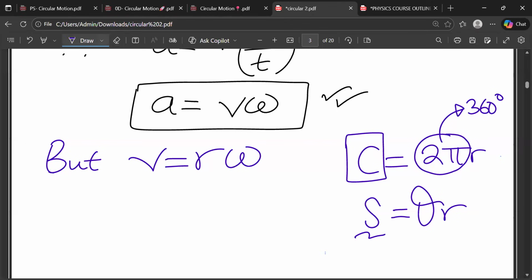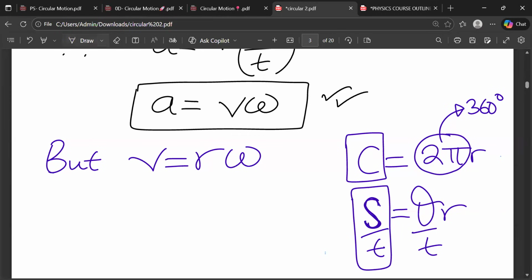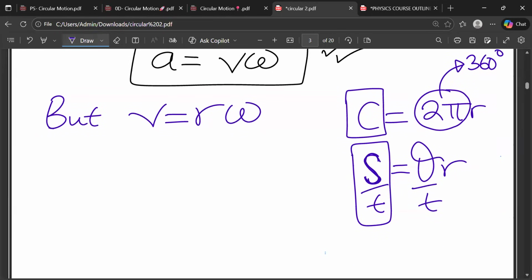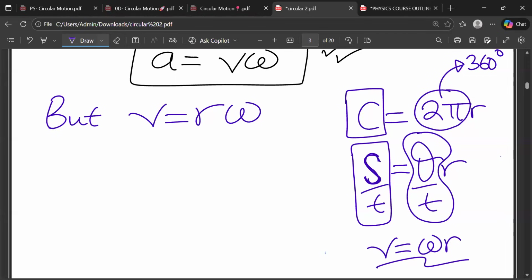After having that, you divide by t on both sides. Rate of change of displacement is velocity, our linear velocity. This is rate of change of angular displacement, which is angular velocity omega, then the R. That's how the formula comes about.